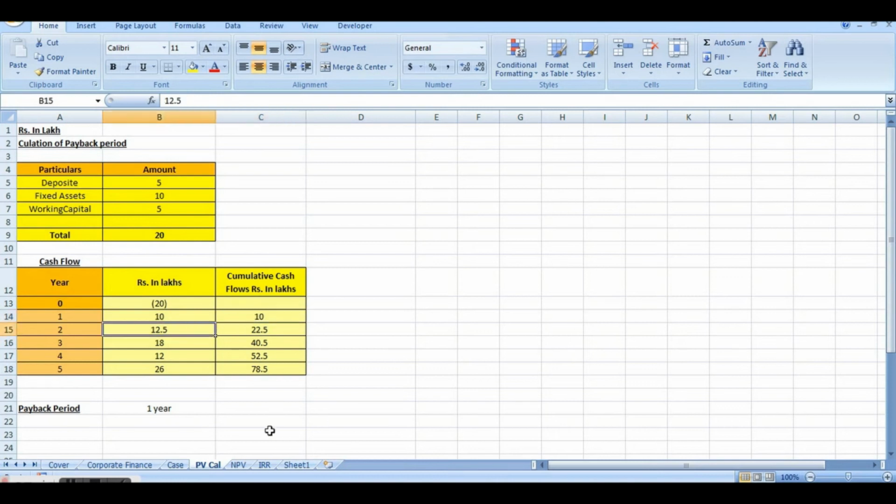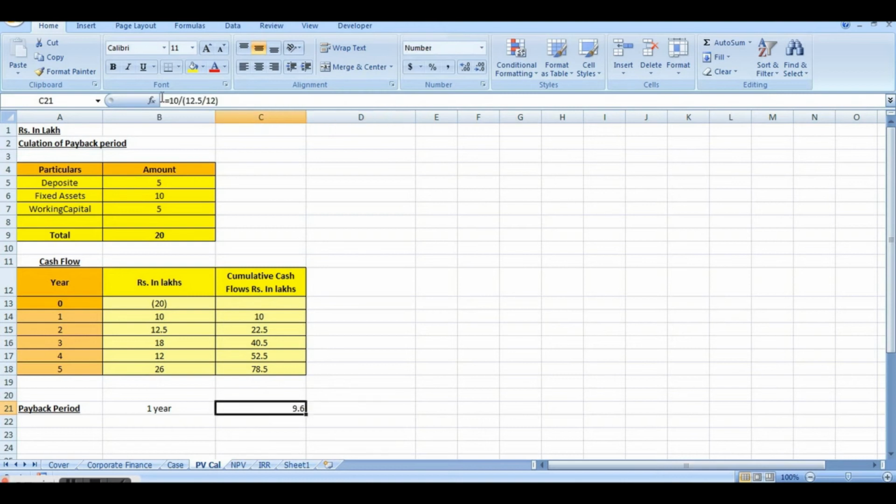How do we do that? Simply by finding out: if for earning 12.5 lakhs the organization requires 12 months, then for earning 10 lakh, how much would they have required? 9.6 months.